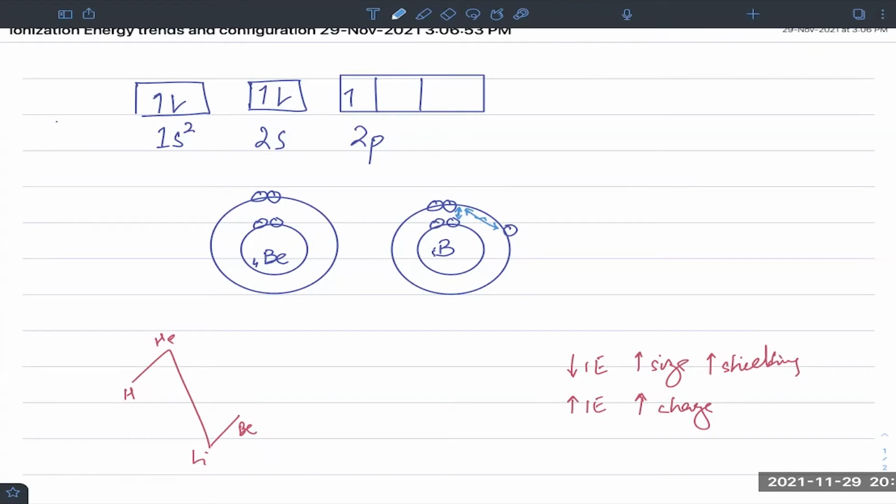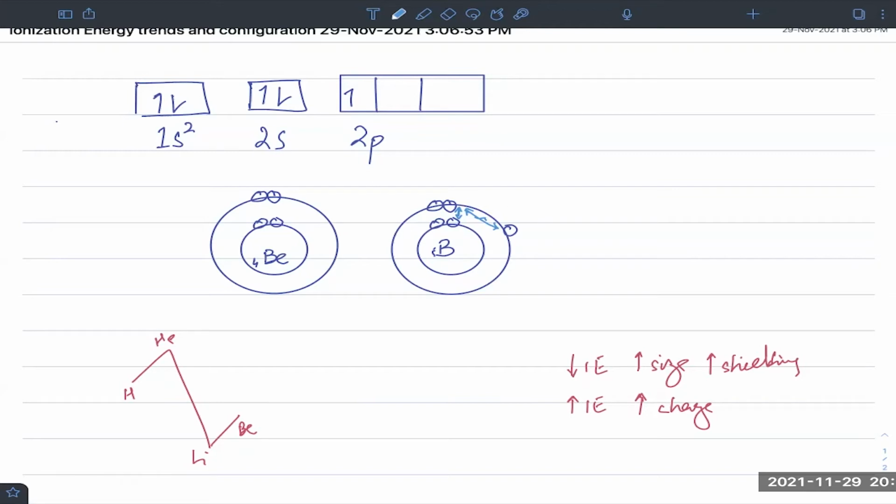So basically, the last electron is slightly further away than the one in beryllium. Why? Because it's in 2p. So the distance between this 5th electron and the nucleus is slightly greater.